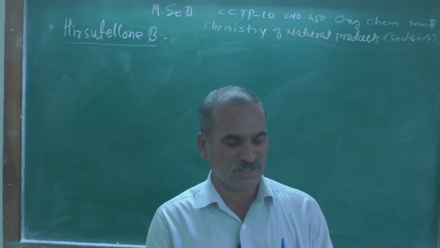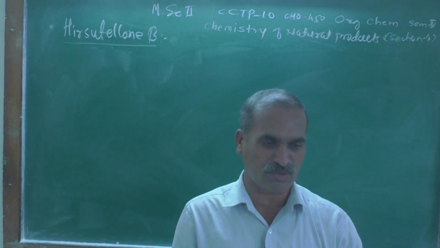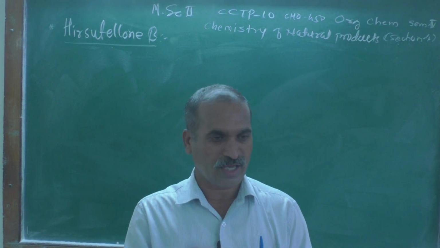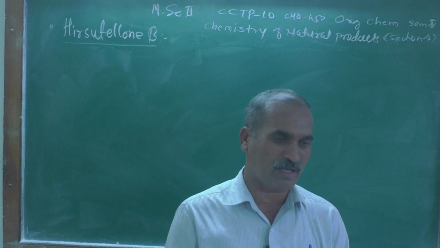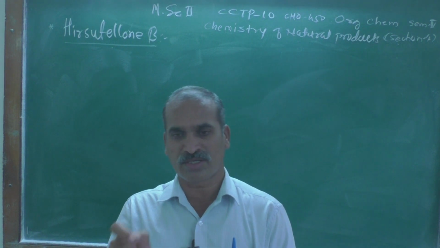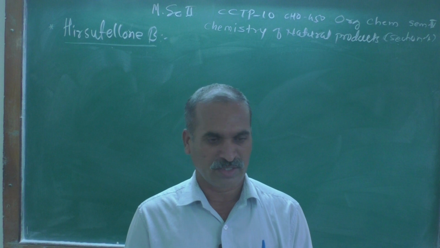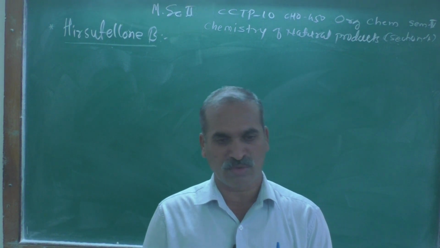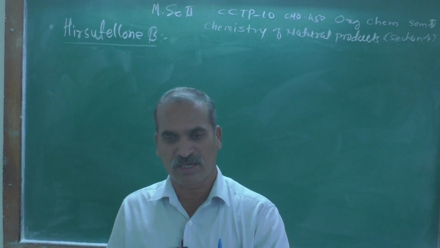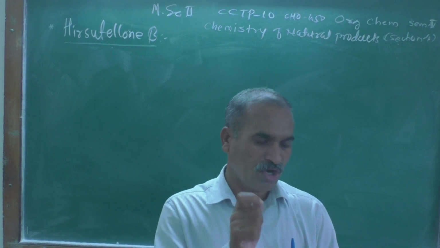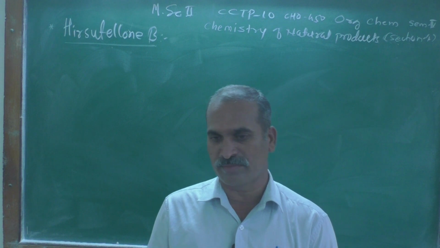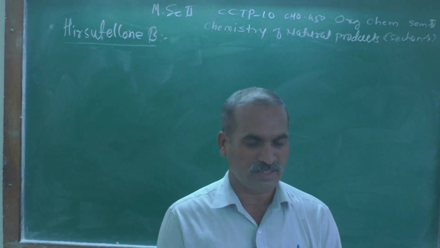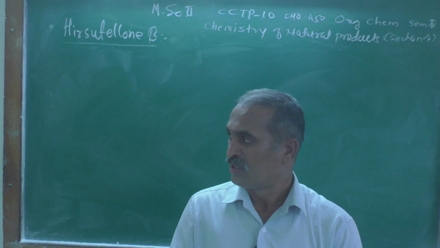Let's see the simplest definition of cis isomer. Similar groups on the same side of the carbon-carbon double bond is termed a cis isomer, whereas trans isomer means similar groups are on the opposite sides of the carbon-carbon double bond. That isomer is known as trans isomer.